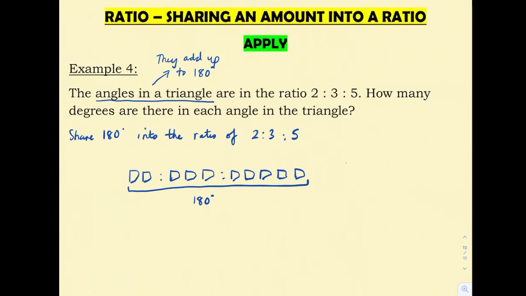So we're going to do 180 divided by 10, which is 18. So each one is 18 degrees. And because we want to know how many degrees there are in each angle, so all 3 in this one, we're going to do 2 lots of 18, or 2 times 18, 3 times 18 for this one, and finally 5 times 18 for this one.